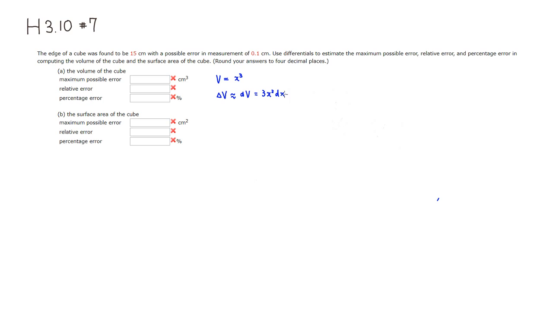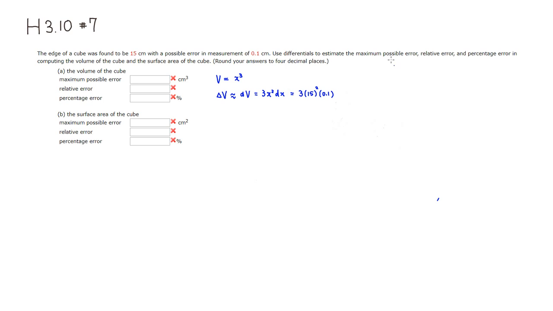So we have 3 times x, which is 15, squared, and then multiplied by dx, which is 0.1.